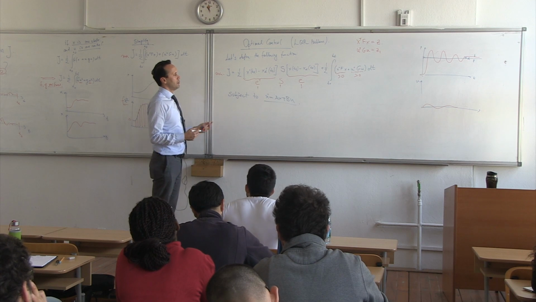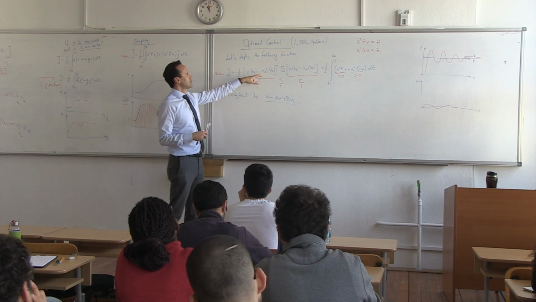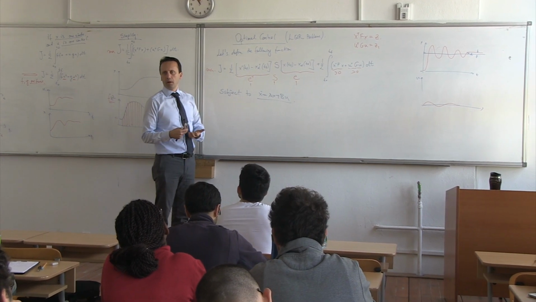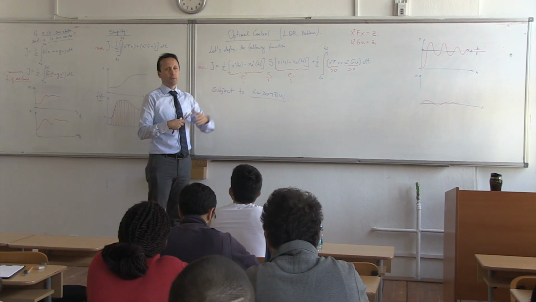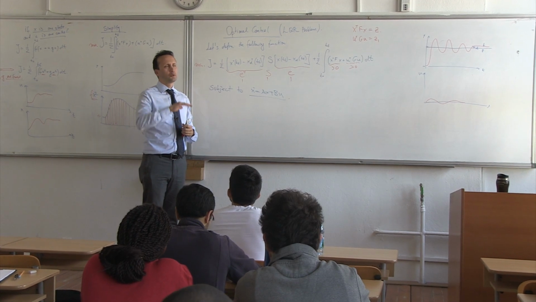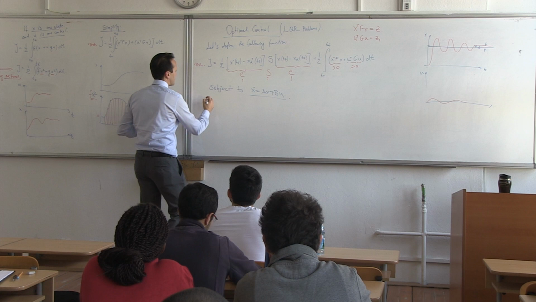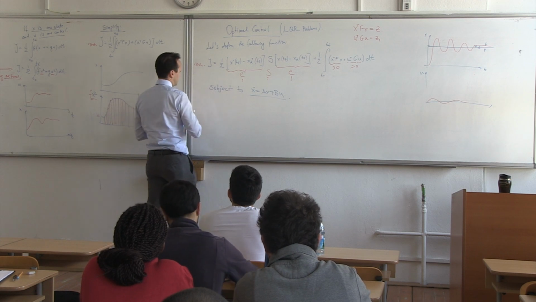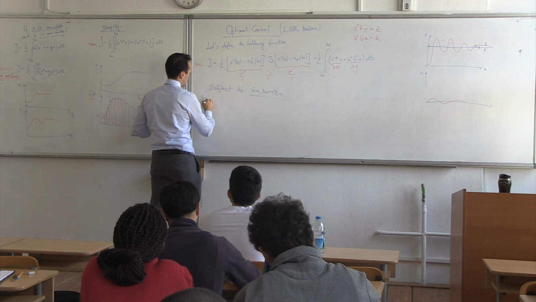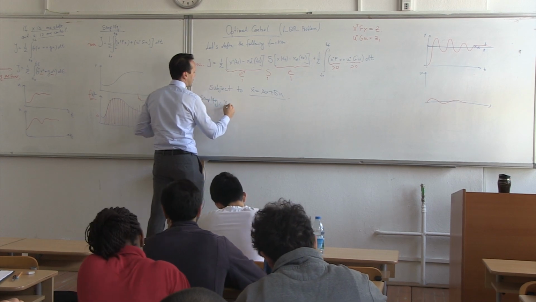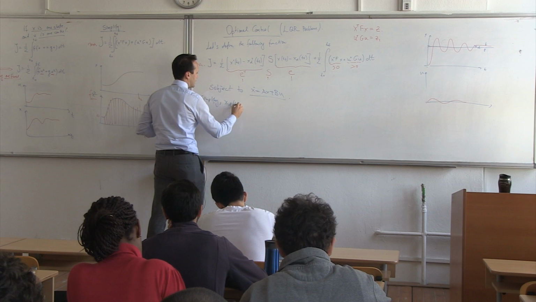You might say, for instance, that X desired is equal to 0. Okay, just to simplify the problem. And say X desired is always equal to 0. Basically, you want the controls always try to be around 0. Right? You could do this. Simplify by saying X desired at T final is equal to 0.